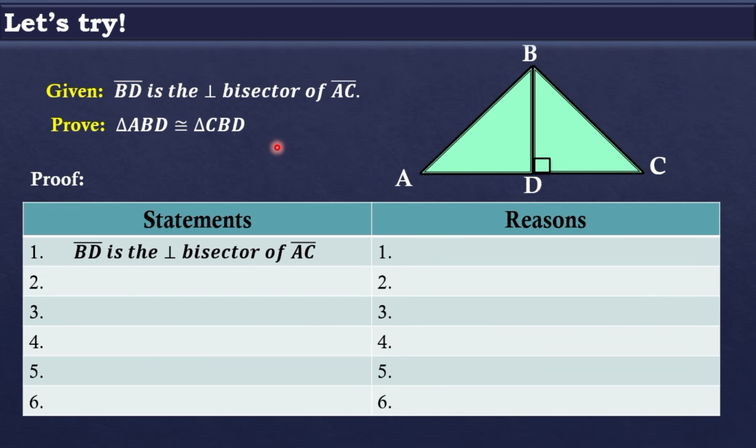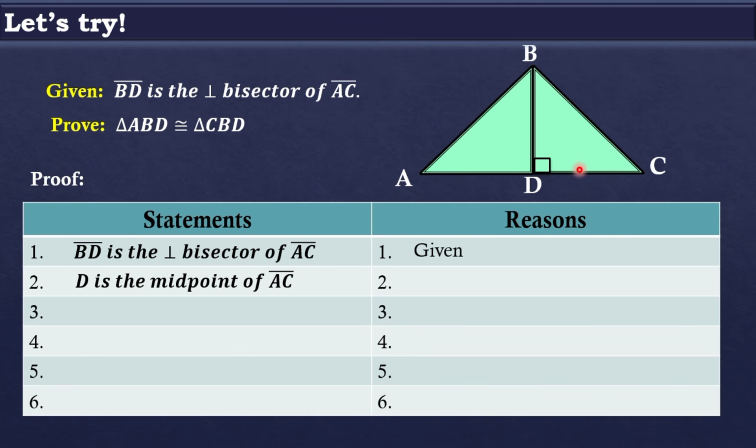So, let's have the proof. Segment BD is the perpendicular bisector of segment AC. This is given. Now, since they are perpendicular and it is a bisector at the same time, we can say that D is the midpoint of segment AC. Why? Because when we say bisector, it divides this segment AC into two congruent segments.